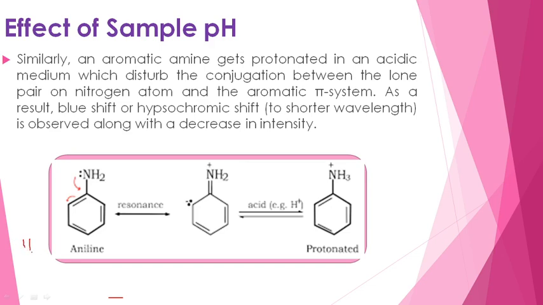Aniline will give a pH of about 11 to 12. Whenever you are converting aniline to this salt form, which has a pH of about 7, what you observe here is that from 11 to 7 the pH value is decreasing.